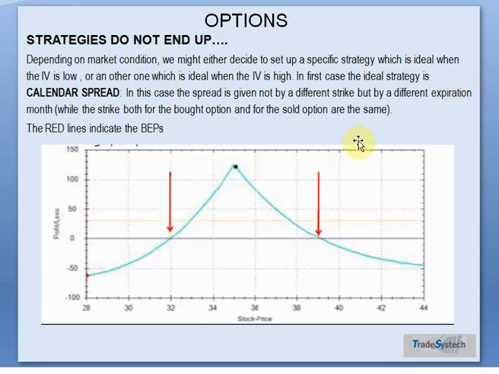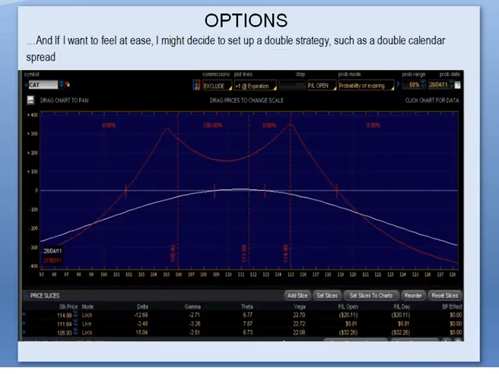Even in this case, the red lines indicate the break-even points for this strategy. If we don't like this strategy because we see the BEPs very close to each other, then we can combine two different calendar spreads, where I set up a calendar spread with a specific strike and another one with a higher strike.